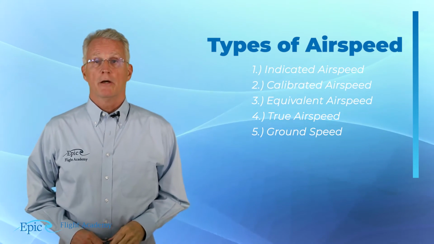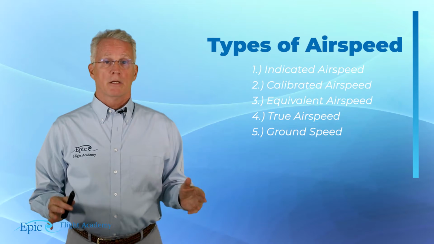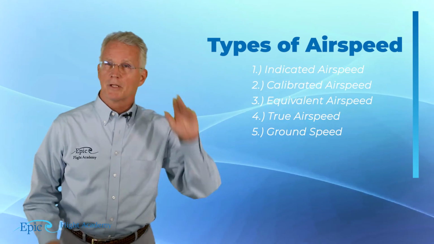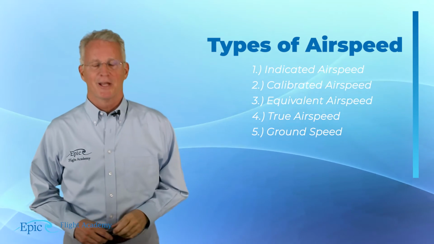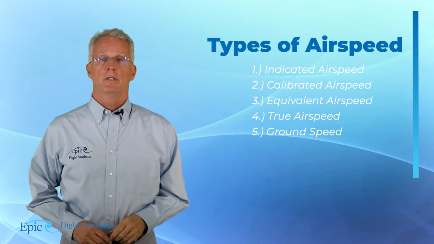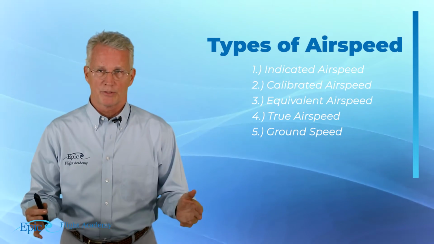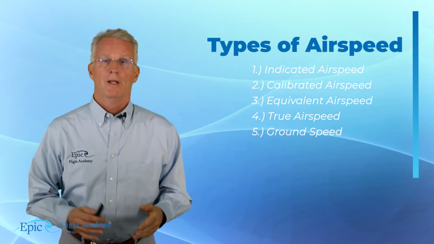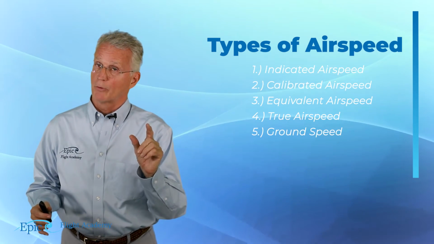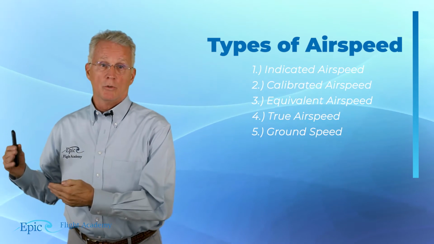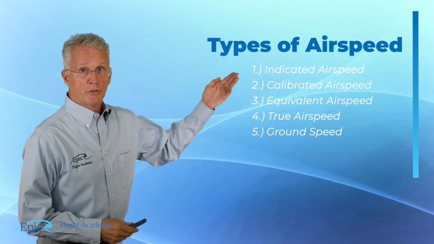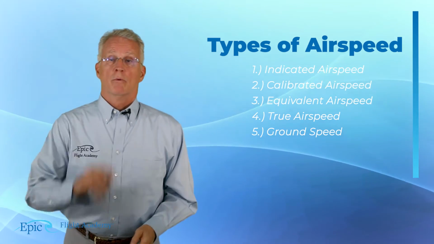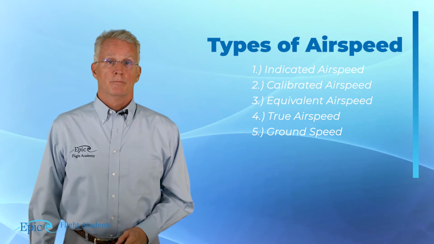The position error and any little instrument errors gives me, what does it give me? Calibrated airspeed. That's right. Calibrated airspeed corrected for compressibility gives me equivalent. Equivalent corrected for density. Remember, that's both pressure and temperature, gives me true. So those are my different types of airspeed. Refer back to an earlier video.